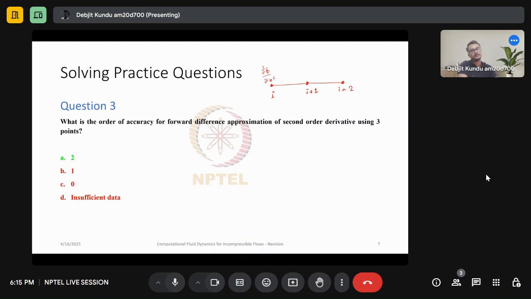So for a double derivative, you need a minimum of 3 points. You can't really find a double derivative with just 2 points.